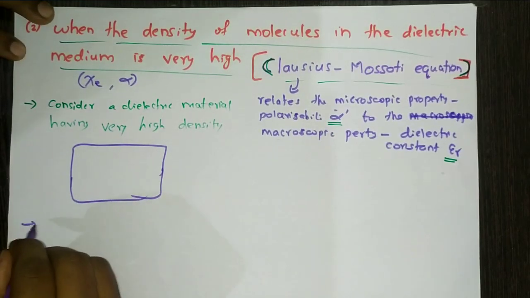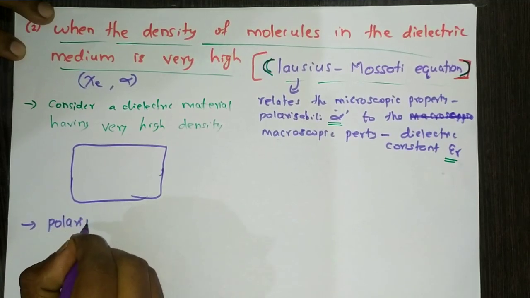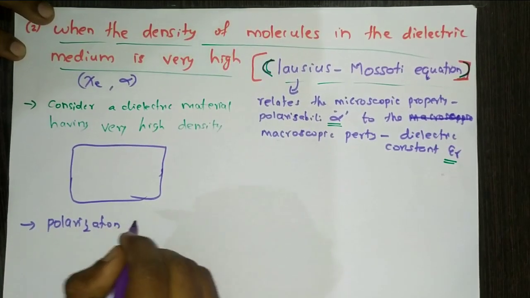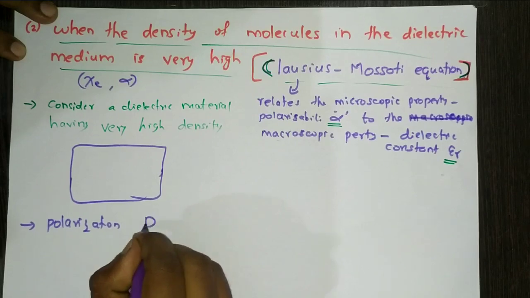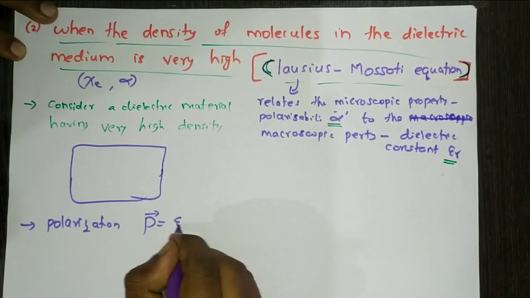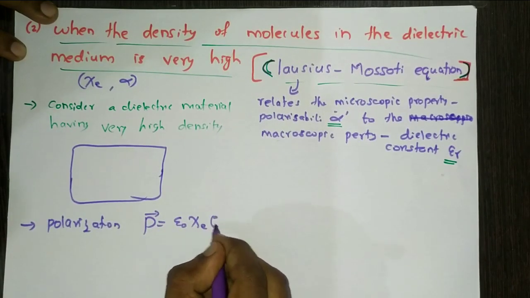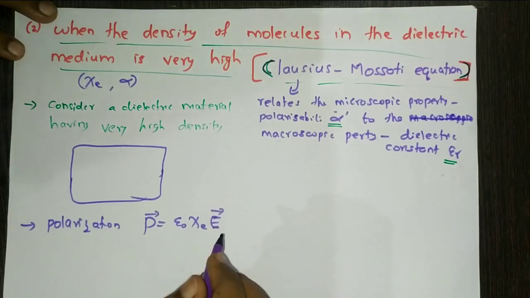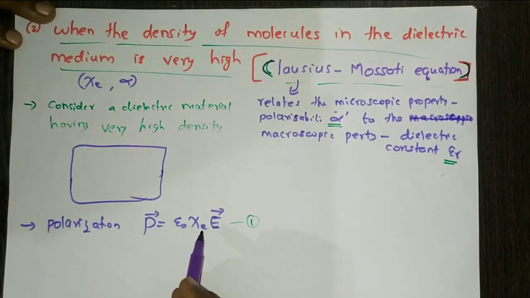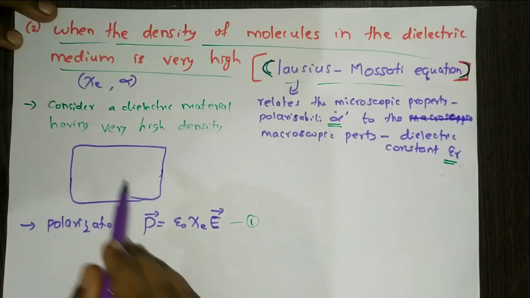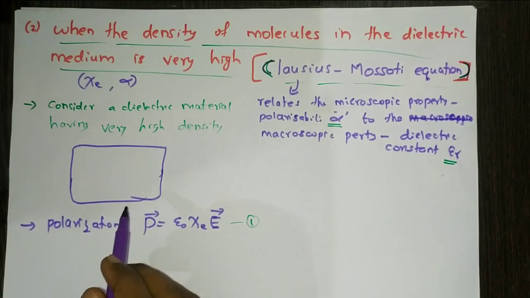The polarization in such a medium can be written as P equal to epsilon 0 chi e E. This is equation number 1. Actually, this electric field E is the macroscopic electric field. There is a resultant electric field on the dielectric medium.